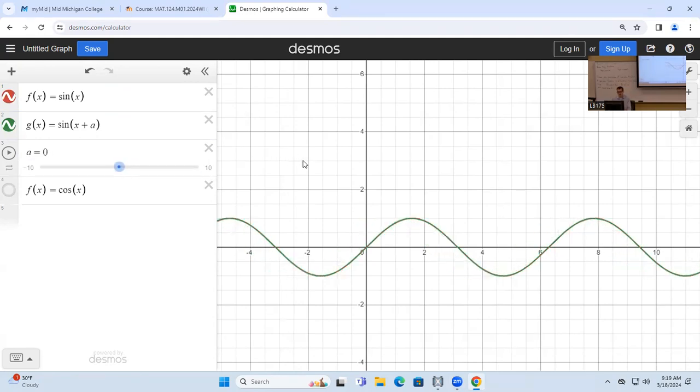If I start sliding the a over, notice that we're getting closer and closer.